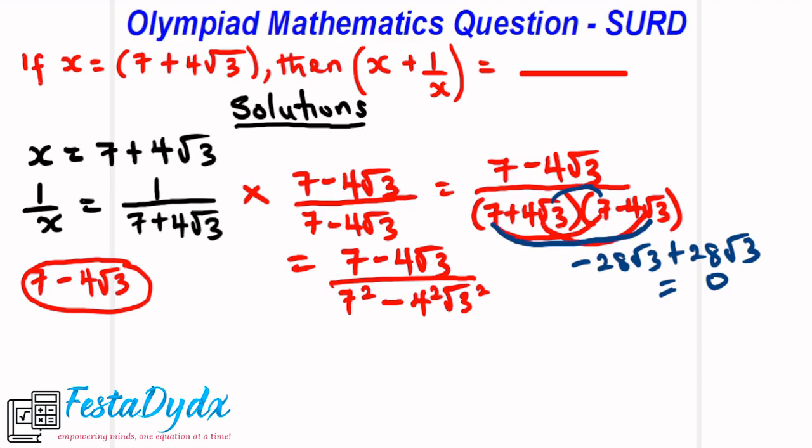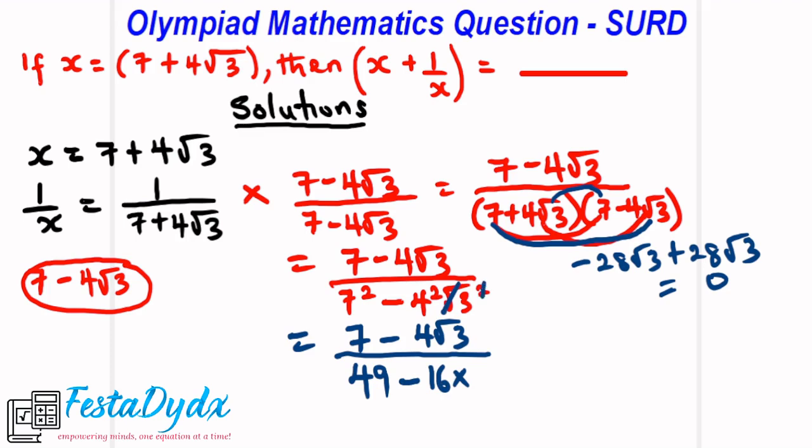So now let's progress with what we are actually solving. This is equal to, for the numerator, 7 minus 4 root 3, all over, for the denominator, 7 squared, which is going to give us 49. Then 49 minus 4 squared, which is 16, times root 3 squared, where the square root and square cancel, and then we'll have our 3 left there. So which is equal to 7 minus 4 root 3 all over 49 minus 16 times 3, which is 48.